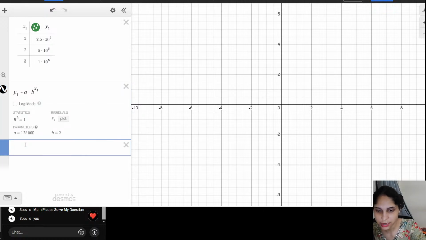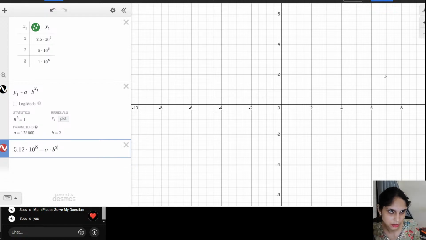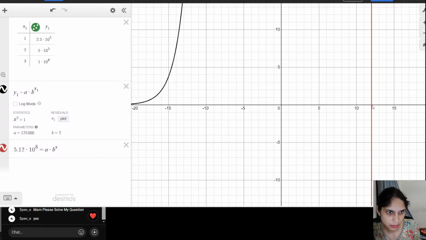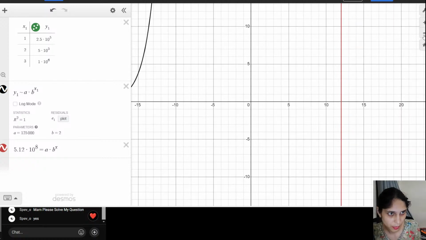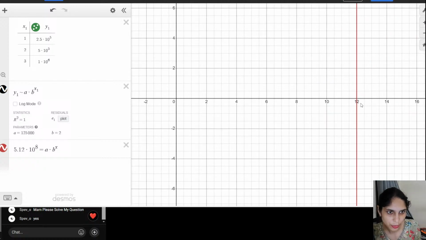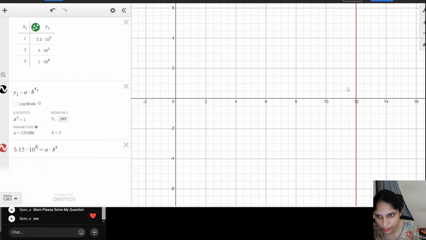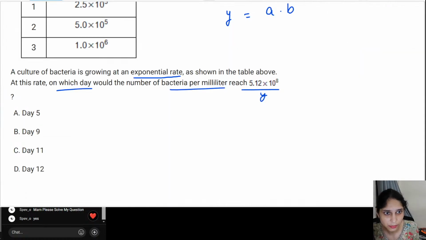Now the y value is given as 5.12 times 10 to the power 8, and you have to find the x value, so a times b to the power x. Okay, 11, 12, 13, 14, 15. So you can see the value is 12. So day 12 is your answer.